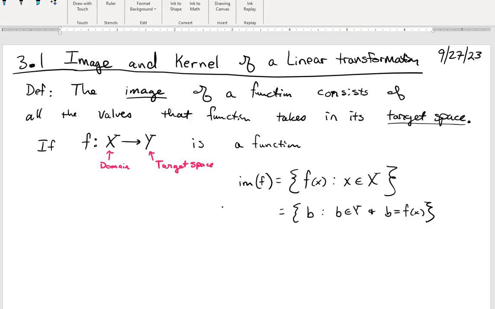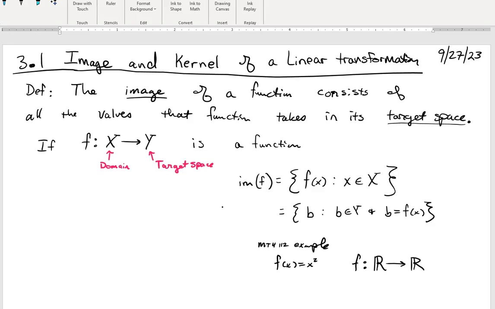So if we look at a Math 112 example, I always like to do that. Math 112 example. Our function f of x equals x squared. Okay, f is a function that takes a real number and gives you out a real number.